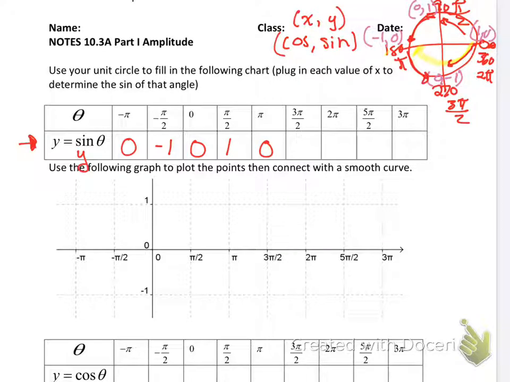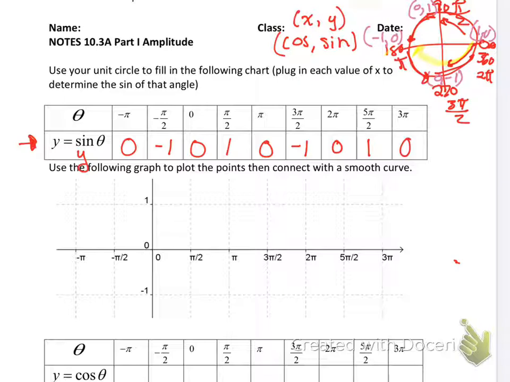Then 3 pi over 2, my y value is negative 1. 2 pi, my y value is 0. Are you noticing a pattern? It's going 0, negative 1, 0, 1, 0, negative 1, 0. If you had to use inductive reasoning, you should guess it's 1. But if I go to 5 pi over 2, that puts me up at the 90 degree mark, which is, yes, y is 1. And then 3 pi puts me at the 180 again, and y is 0.